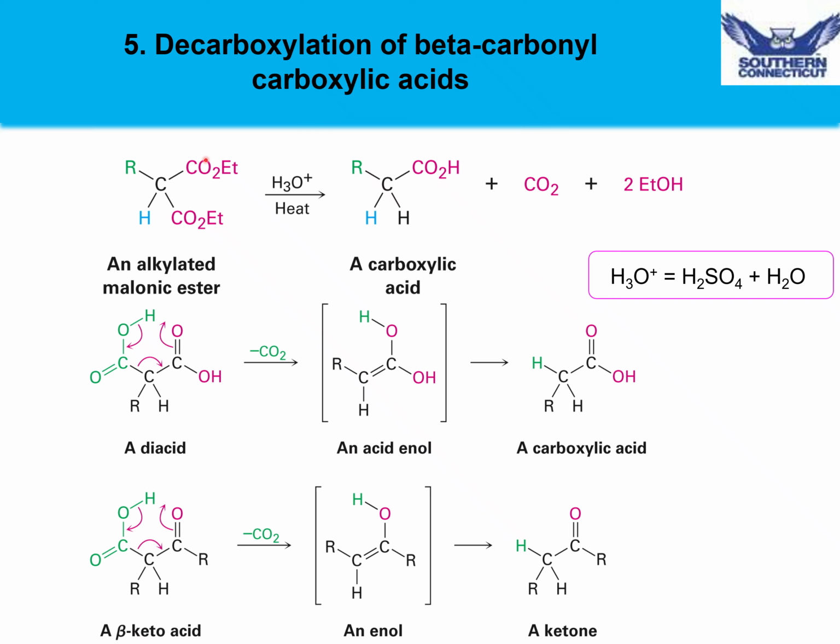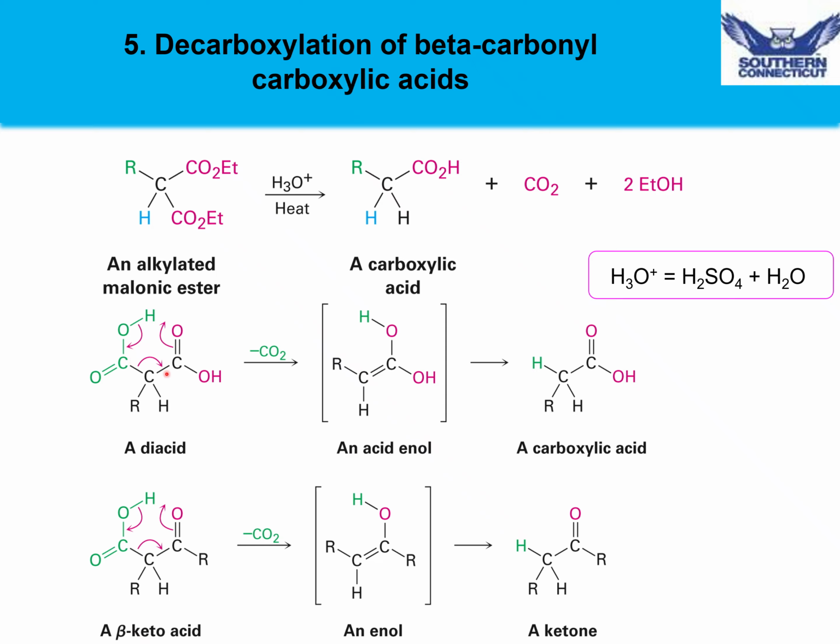So we can, let's say, keep this carboxylic acid and eliminate this one. And so you'll end up with this product here. We'll also have CO2 and ethanol as byproducts. Ethanol came from the hydrolysis reaction.